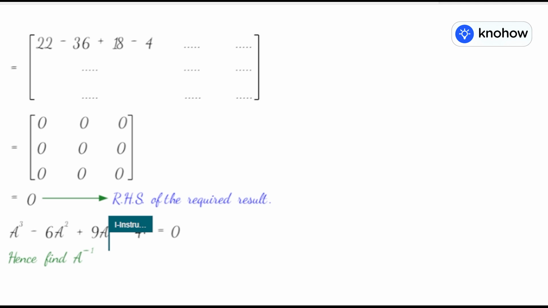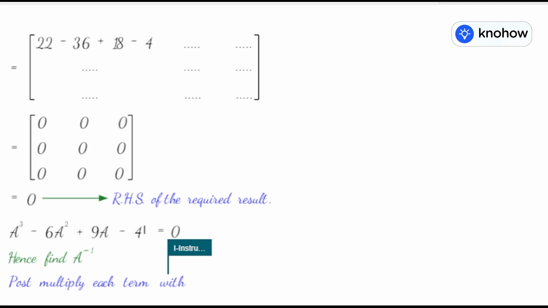post multiply each term on both sides by A inverse. Post multiplying each element, each term with A inverse. So you get A cube, if I may rewrite as A square into A, into A inverse in one bracket.